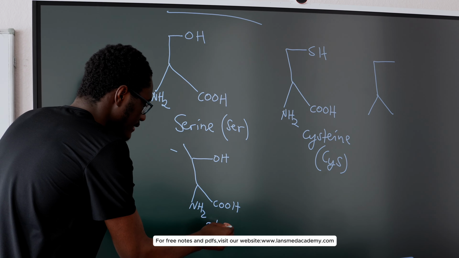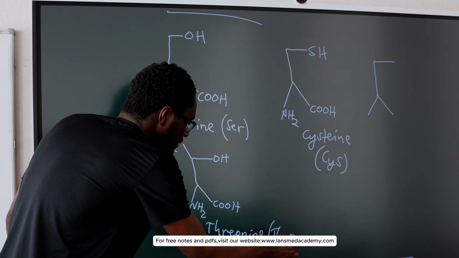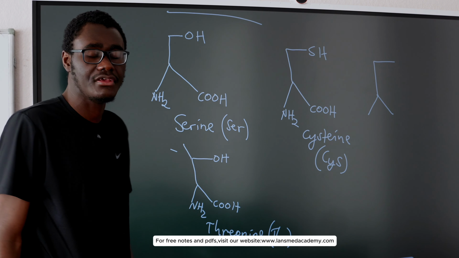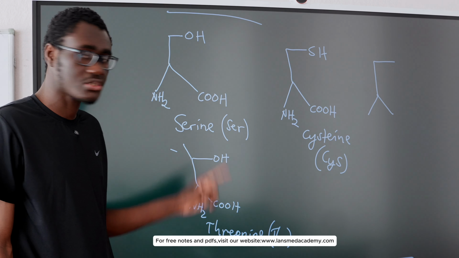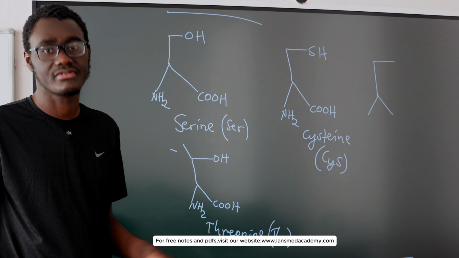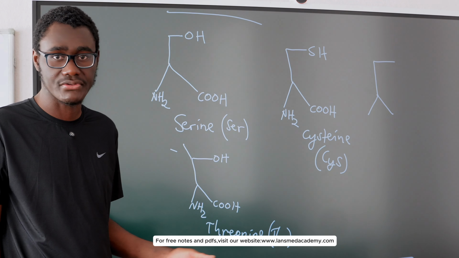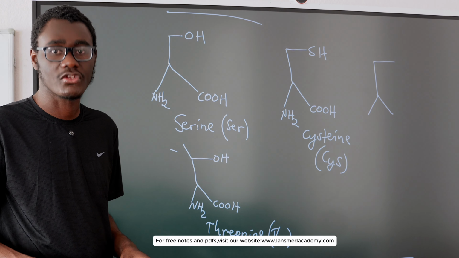It becomes threonine, with a three-letter abbreviation of THR. And it's also very important to note that threonine is an OH-containing amino acid, just like serine and tyrosine, and they are involved in phosphorylation reactions.